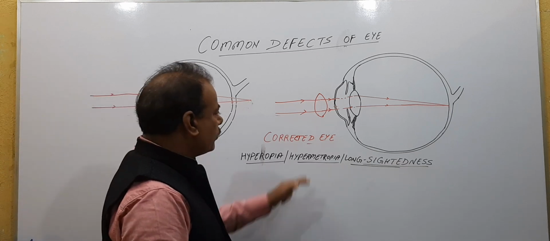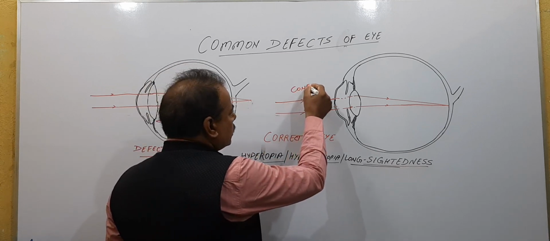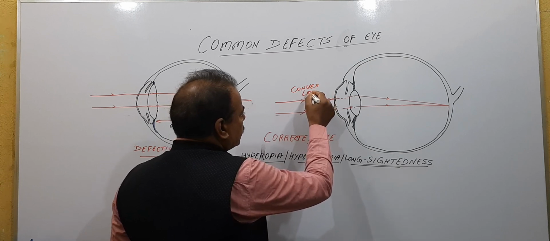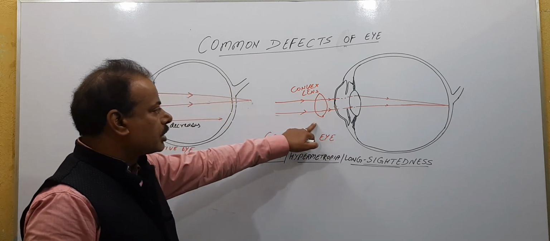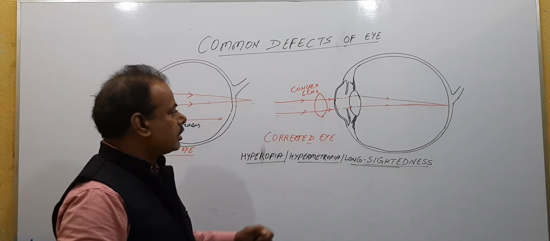It can be corrected by using a biconvex lens or convex lens. By using a convex lens, a person's eye defect can be corrected.